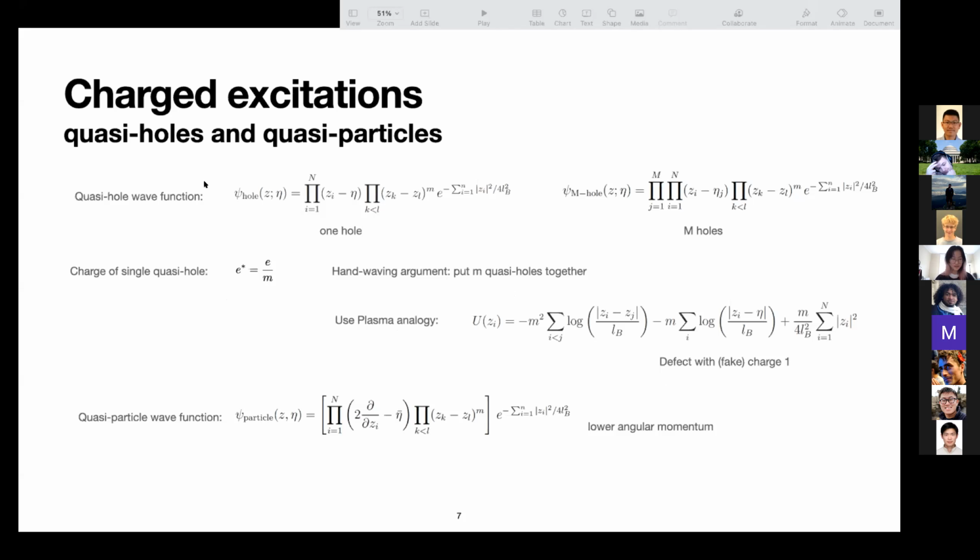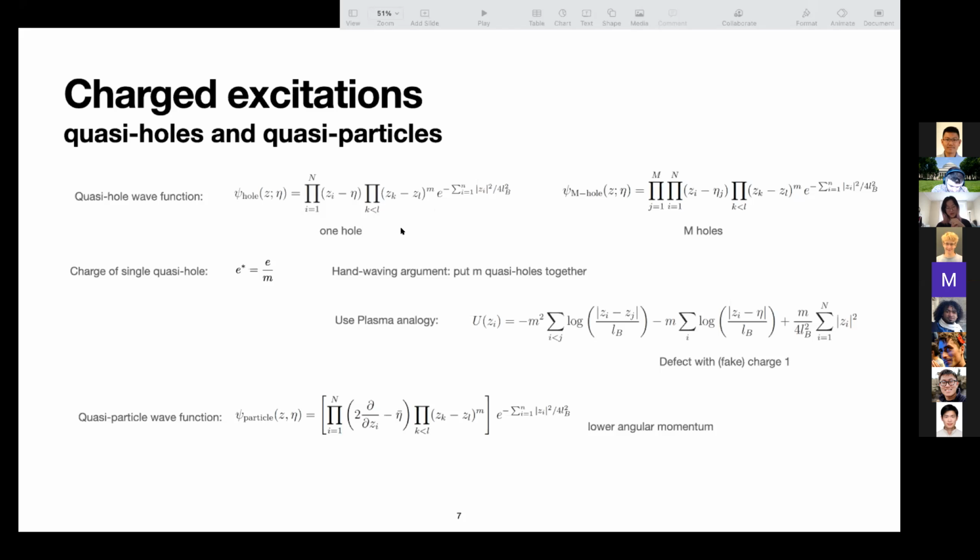So we can also consider a quasi-particle wave function. Notice that in the quasi-hole wave function, we want to raise the power of angular momentum, such that the quantum Hall droplet will be larger, but we still have n particles, so effectively it will introduce a hole.